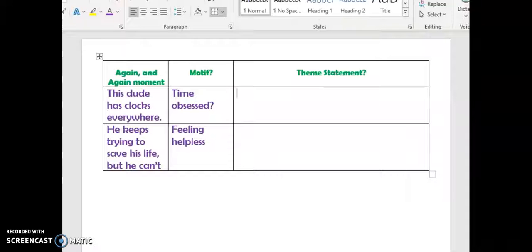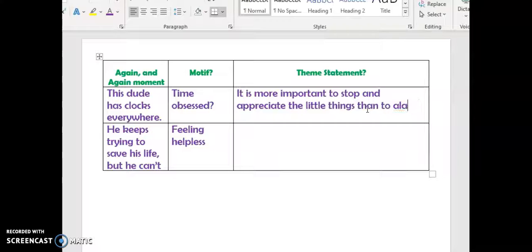And what I'm thinking is, maybe the author is trying to say that it is more important to stop and appreciate the little things than to always be on time. And I'm thinking that because of the beautiful scene that he got to witness with the sun shining down, and that's when he realized, let's close the clock and see what happens.